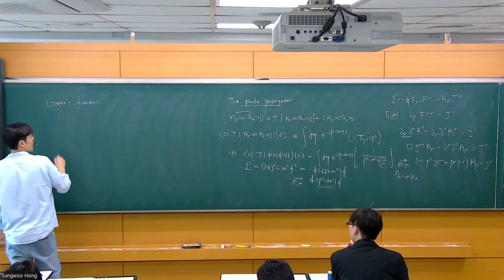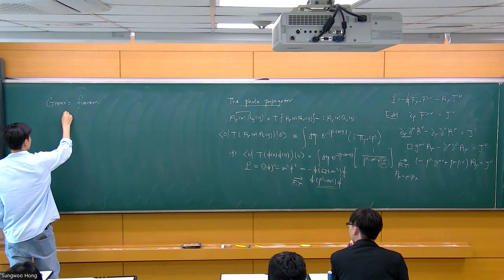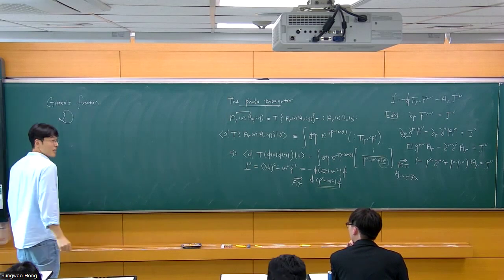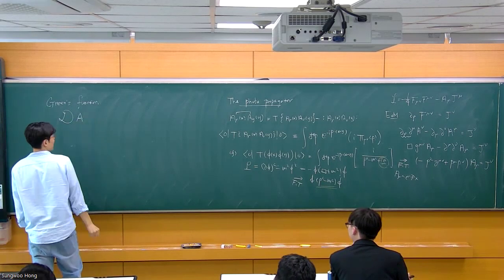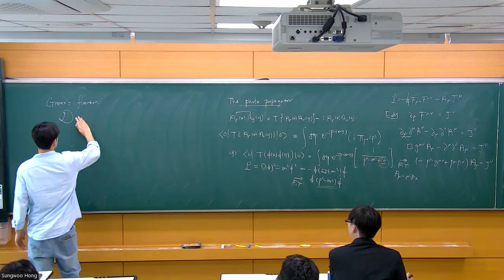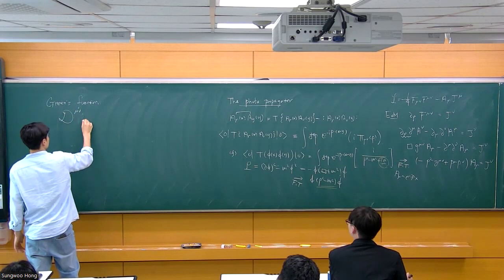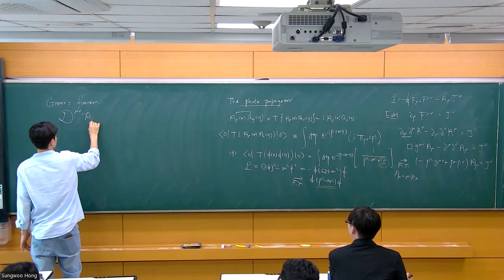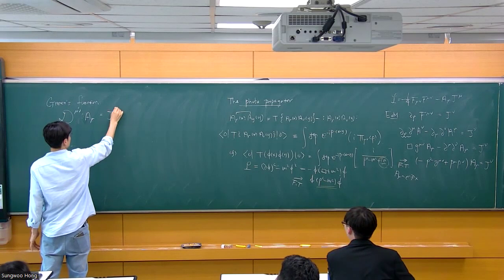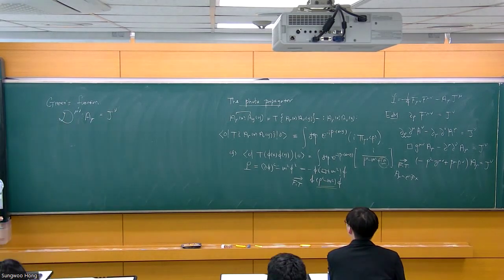So we have a fancy differential operator acting on A, and this equals J. This is our equation.